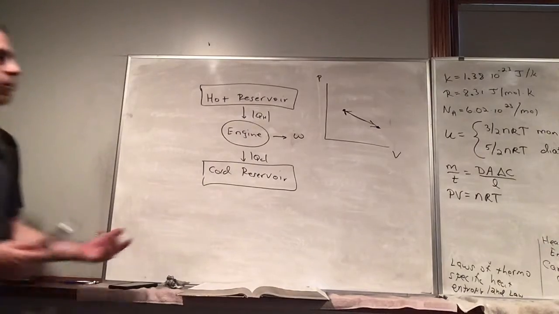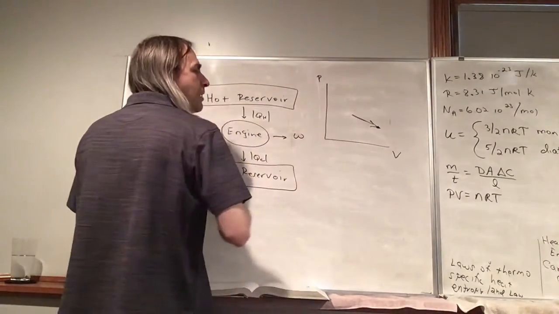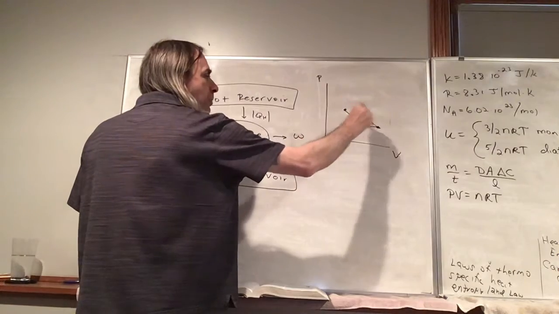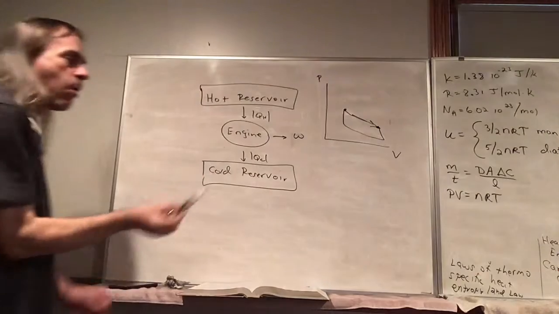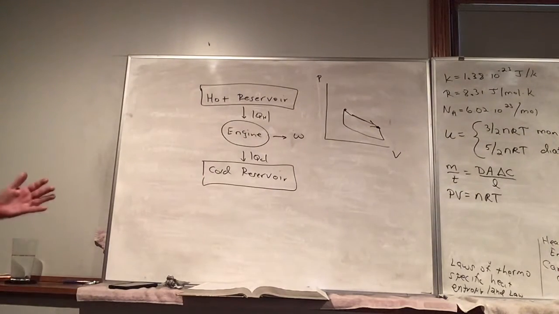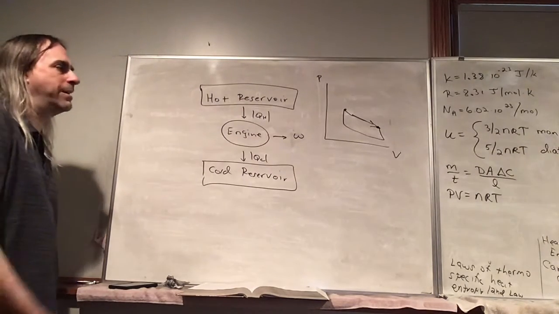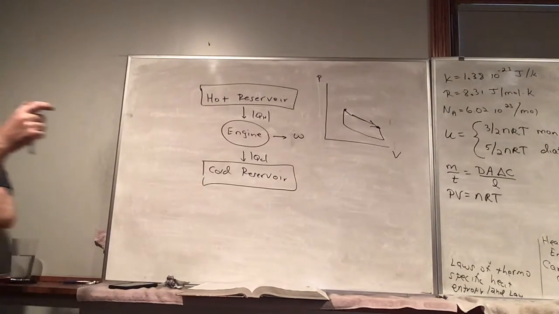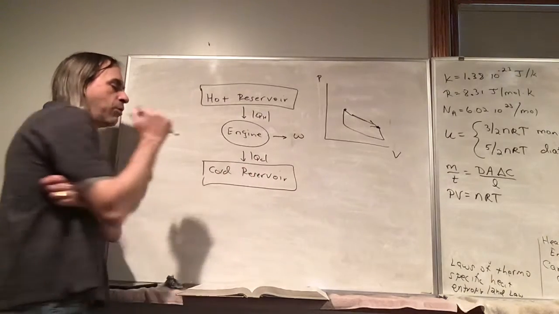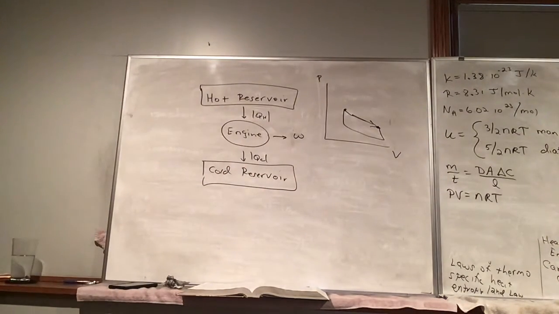And so the solution to that is to cool the gas to lower the pressure. And then we can push it back at a lower pressure. And so the amount of work we do to get it back to its initial state is less than what we got out of the expansion part. In order to lower the temperature, we have to take heat out and put it into a cold reservoir. So for an engine, we have a hot reservoir, a cold reservoir, and the engine itself.